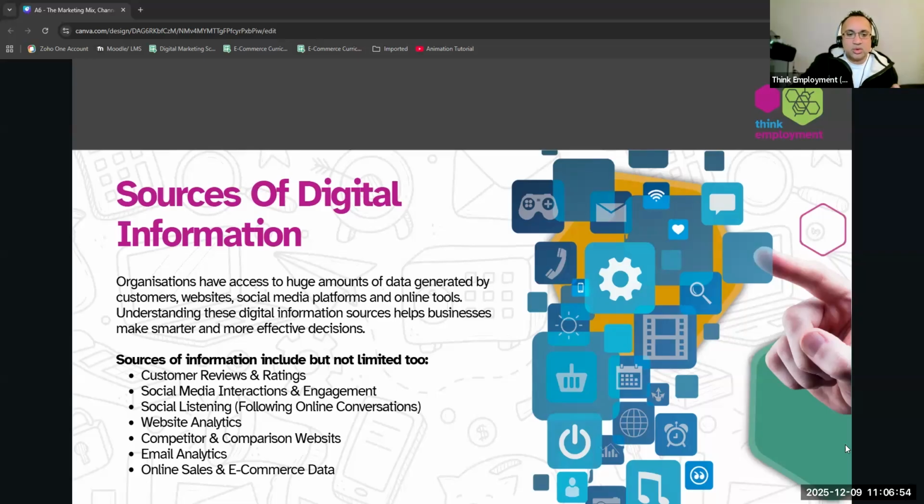So these are some of the sources where we get digital information from. It's not limited to this list. Obviously, there are other sources as well. But what we're going to do is look at each of these to understand where the data comes from. As a business, when I'm getting data, how do I use that data for the benefit of the business?